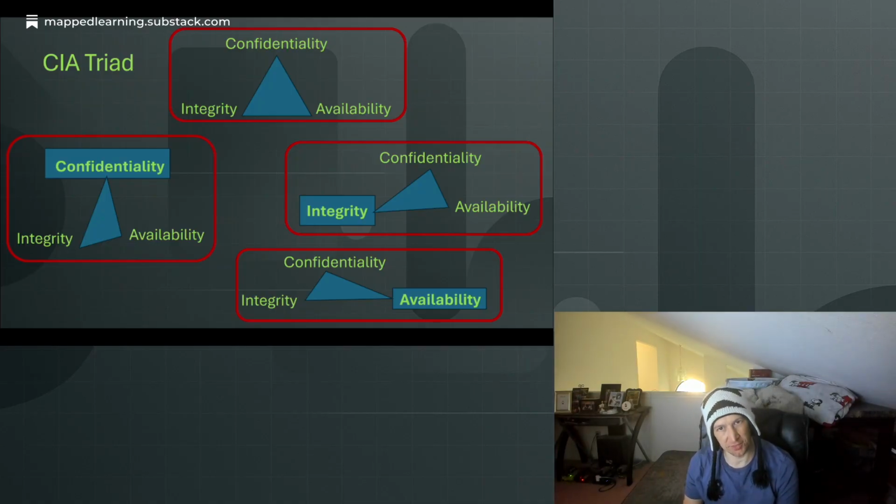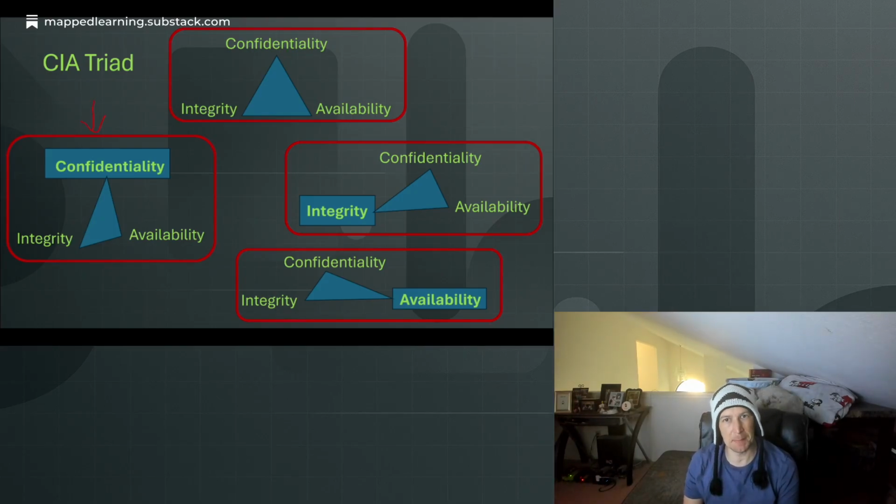So I have some examples here that show the give and take between these three relationships. In this box, I have confidentiality highlighted.